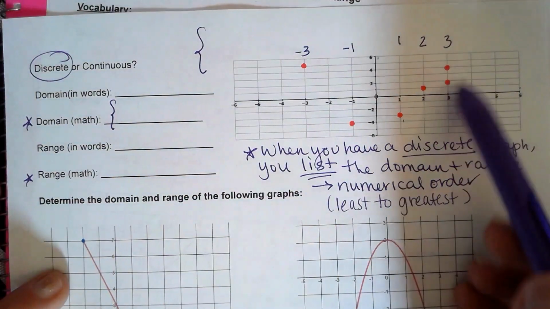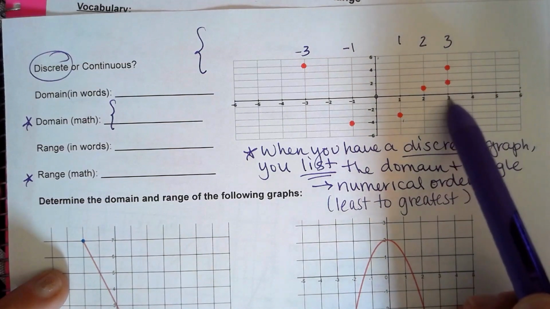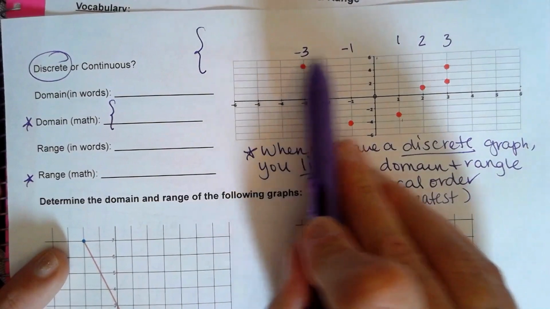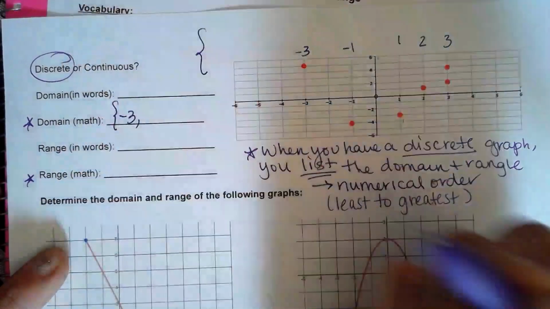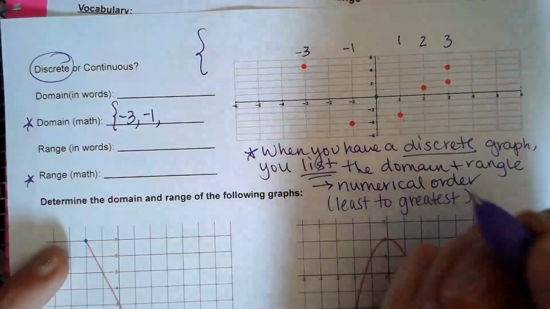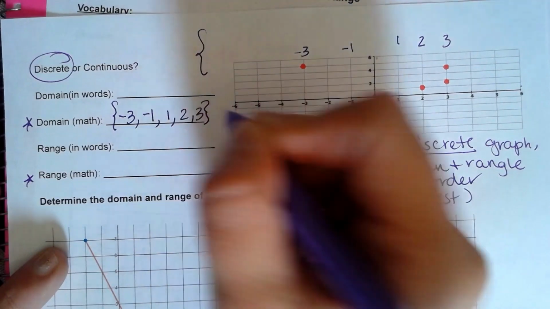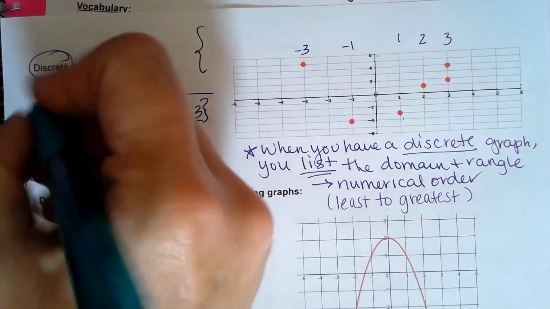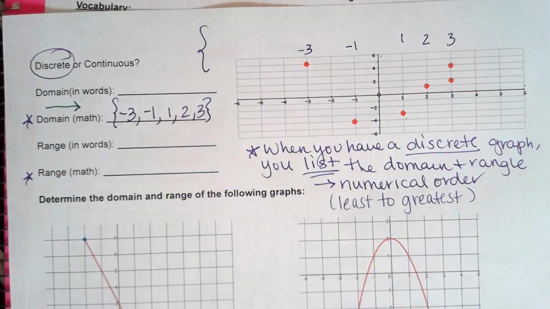Because even if we listed it twice, it's not needed. 3 being in the domain is clear when we list it one time. So now that I've identified these are my x values, I just list it. So -3, -1, 1, 2, 3. Okay? So remember, you want to look left to right when you're listing that.